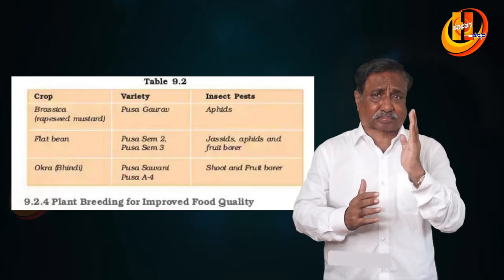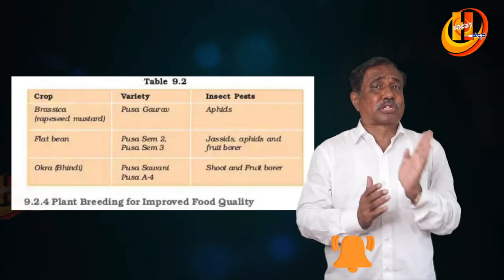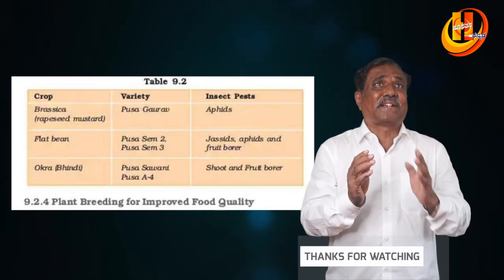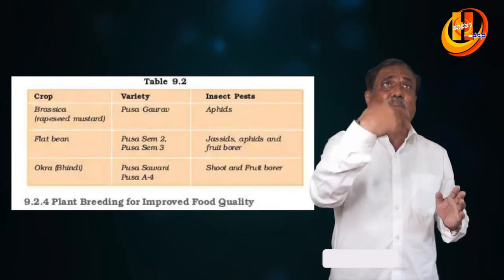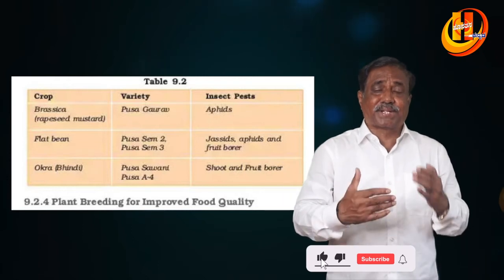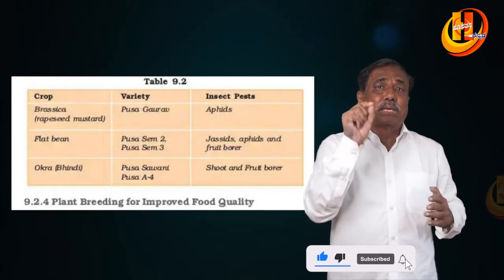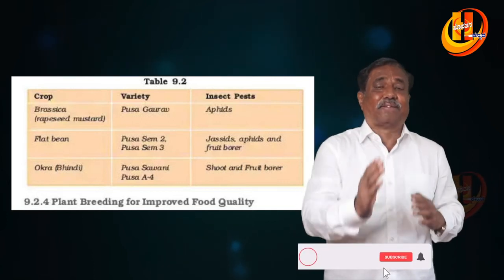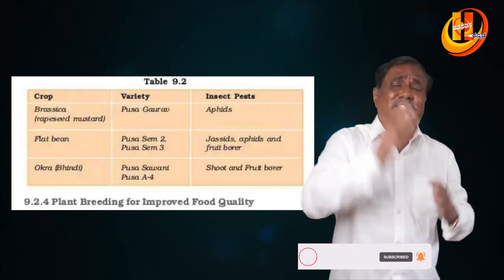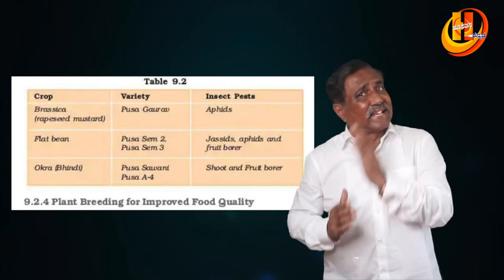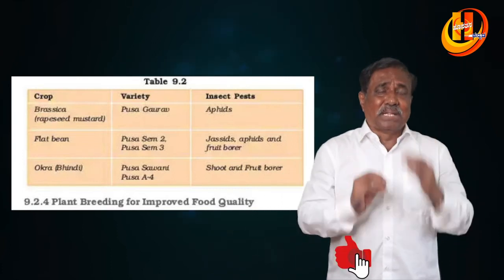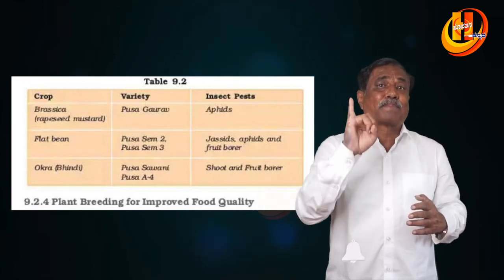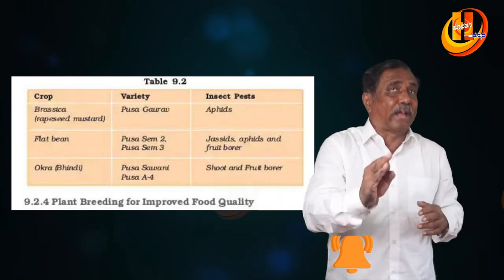Pusa Sawani and Pusa A4. And the pest resistant for the previous one, that is French bean, is Pusa Sem 2 and Pusa Sem 3, the resistant varieties against the pests jassids as well as aphids, whereas for bindi, the pest resistant varieties are Pusa Sawani and Pusa A4.